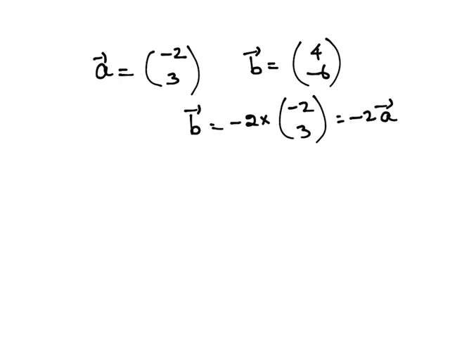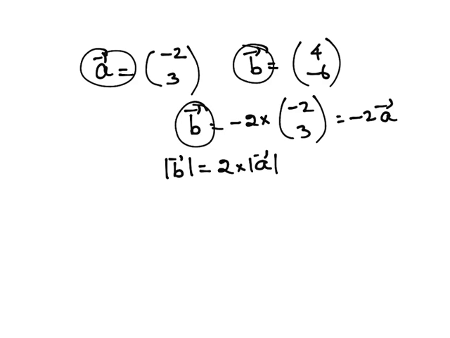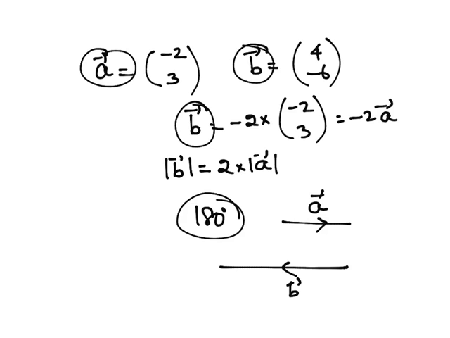So the magnitude of B will be 2 times the magnitude of A, and the angle between B and A will be 180 degrees, because if this is A vector, then B will be like this, double of A. So the angle between them will be 180 degrees, right? Good.